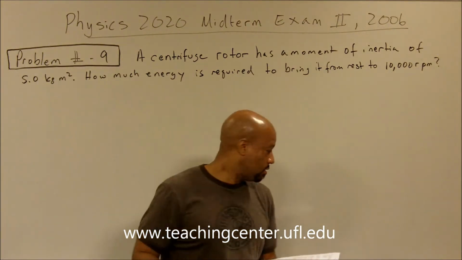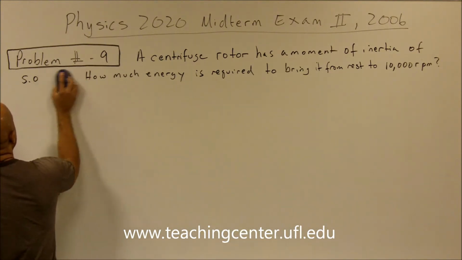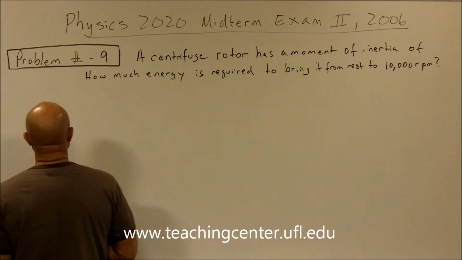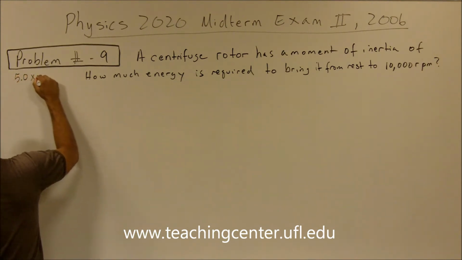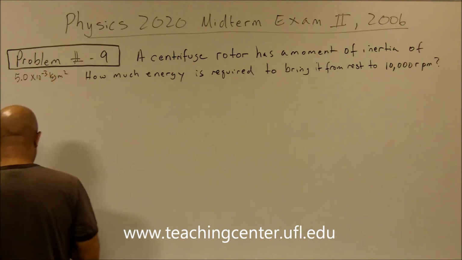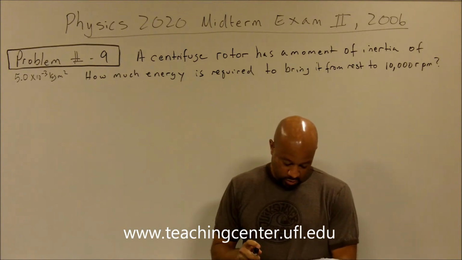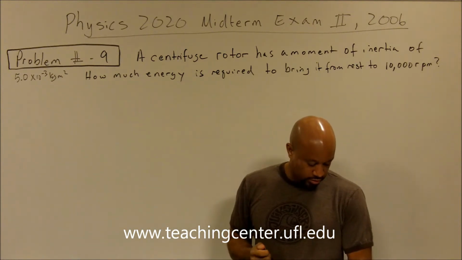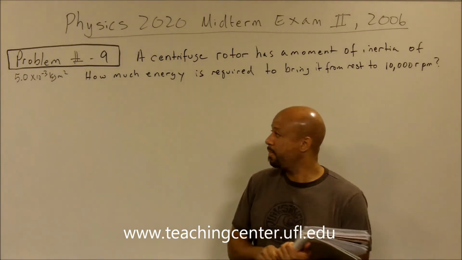And actually, let me go ahead and correct this. This is 5.0 times 10 to the minus 3 kilograms meters squared. How much energy is required to bring it from rest to 10,000 RPMs, revolutions per minute?